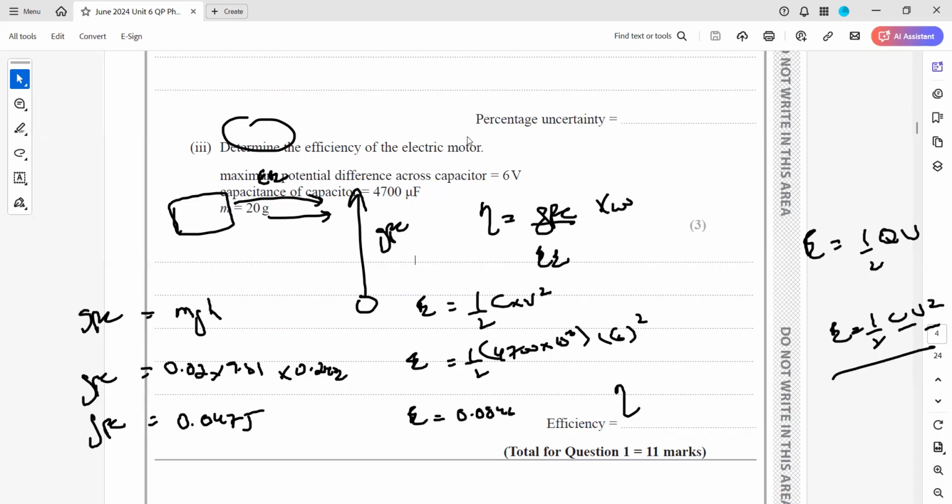If you need the efficiency, it is the useful energy 0.047 divided by the input energy 0.0846 into 100. That will give us the efficiency of this capacitor. So this is 55% efficient. 55.5% efficient. Is it clear, this one?